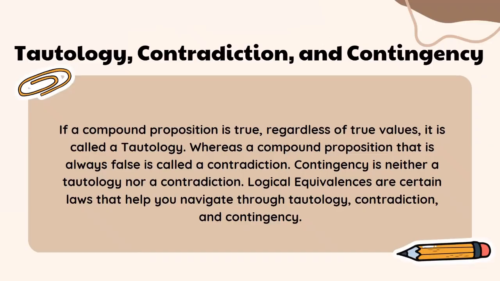Tautology, contradiction, and contingency are another very important piece of information. A tautology is when a proposition is true regardless of truth values, whereas a compound proposition that is always false is called a contradiction.